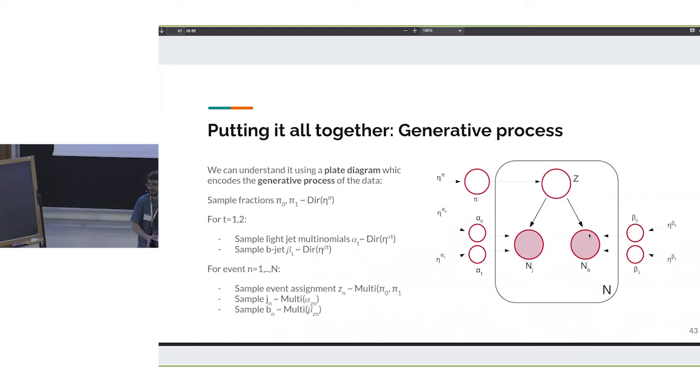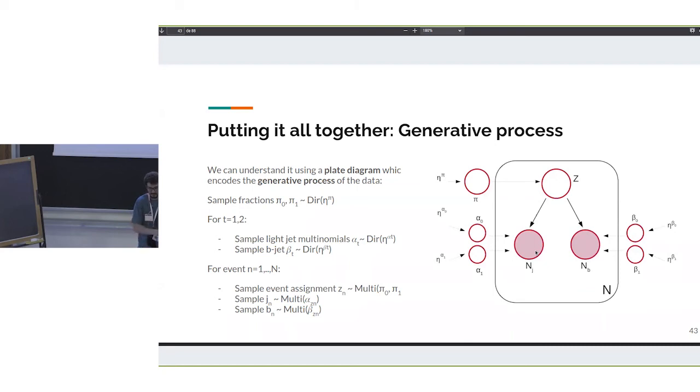This is the graphical model we are using here, where this box means that it is repeated for each event. So we have one sampling that goes before generating the events, and then for each event we have sampling of Z and sampling of the observed variables. This is the probabilistic model, which is fairly simple.